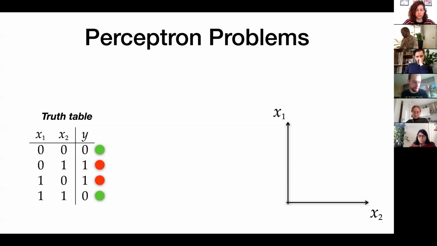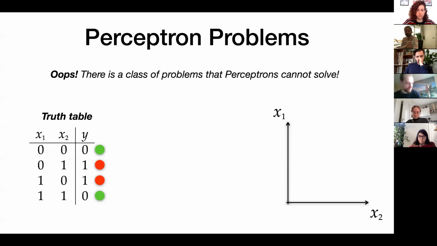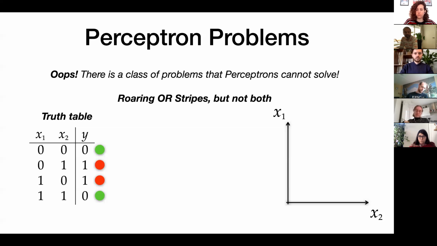So this hints to the specific class of problems that perceptrons cannot solve. That is, for our tiger example, roaring or stripes, but not both. And this is the Boolean exclusive OR function. And this, for the perceptron, leads to problems. And let me highlight how that works.